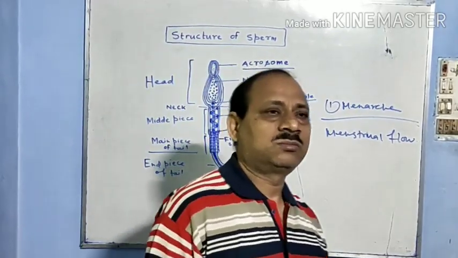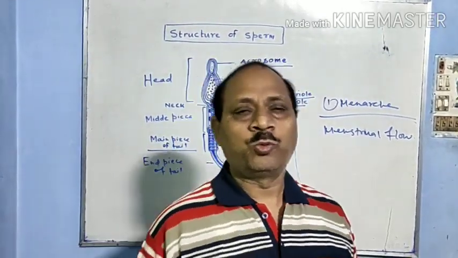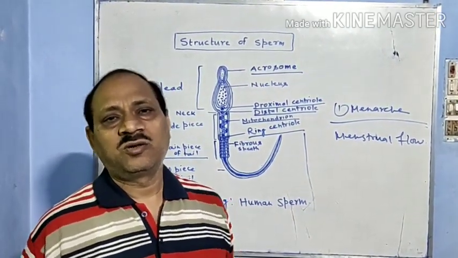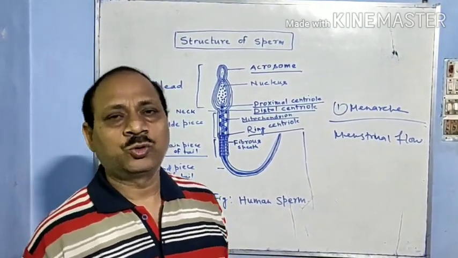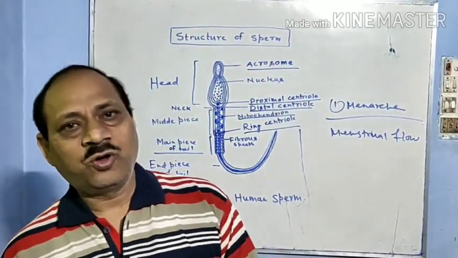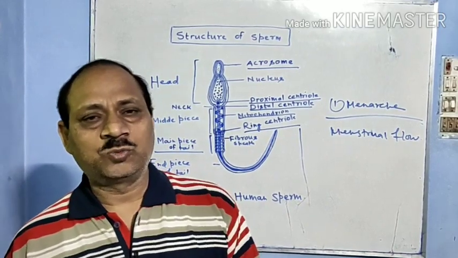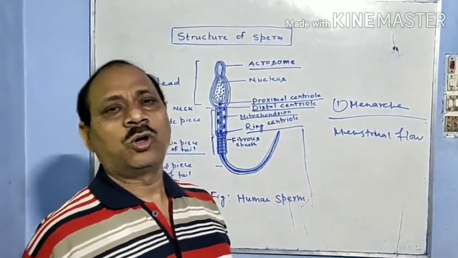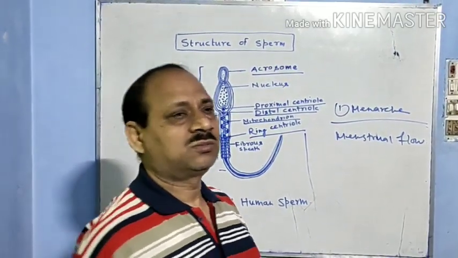In female, at the puberty, bleeding occurs from uterus through vagina. The flow of blood from uterus through vagina is known as menstrual flow or menstruation.